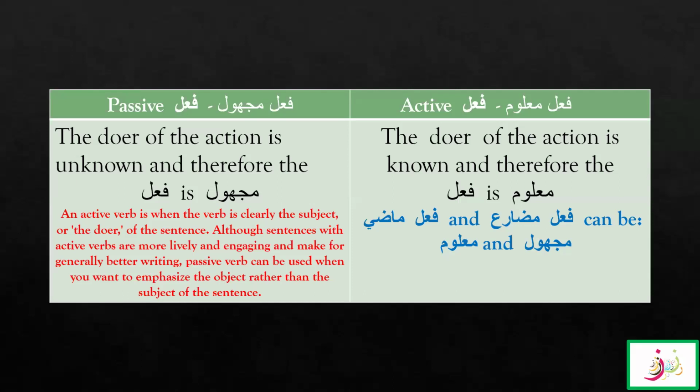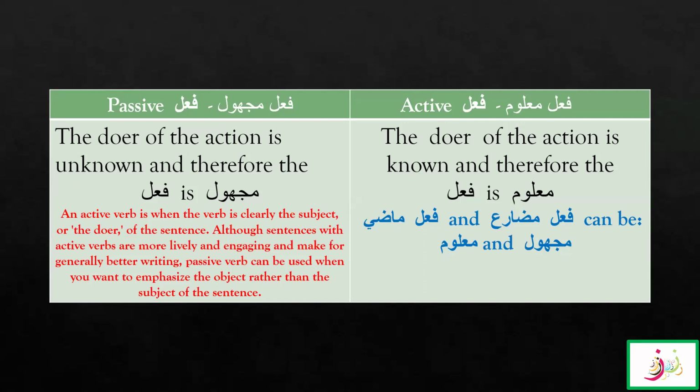What we learn about fa'il majhool is that when the doer of the action is unknown, therefore we call the fa'il majhool. And I mentioned the purposes of fa'il majhool, the passive fa'il. Number one is when we try to focus or emphasize on the object rather than the subject of the sentence, or when it is understood who the fa'il or the subject is.